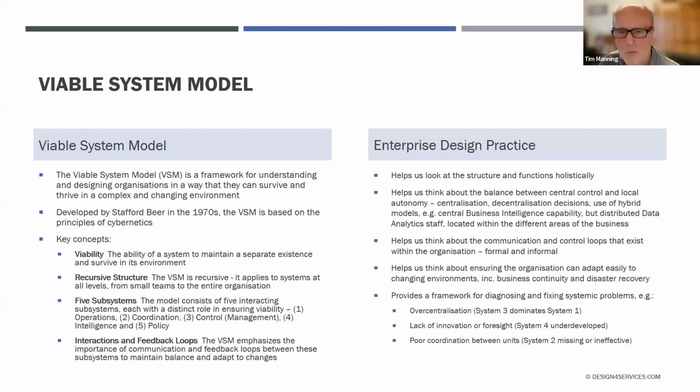But certainly, it forms a background in terms of how I think about the organization, in terms of its 5 systems and how they interact, and it helps me explore things like over-centralization, or to what degree we should have things centralized and decentralized, and the balance between control and autonomy within the operation.